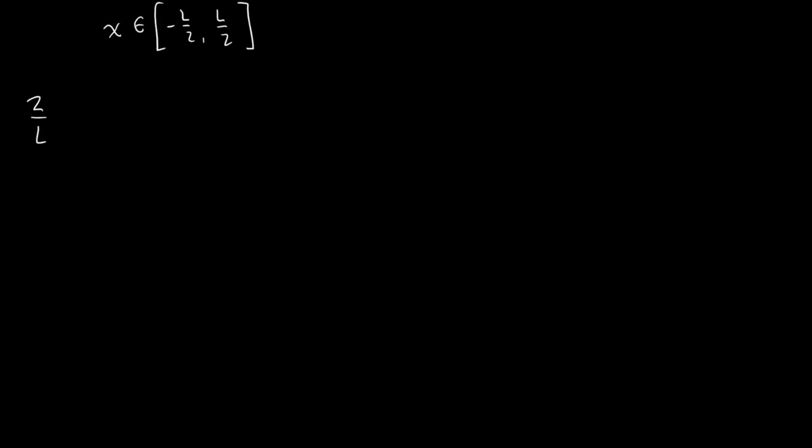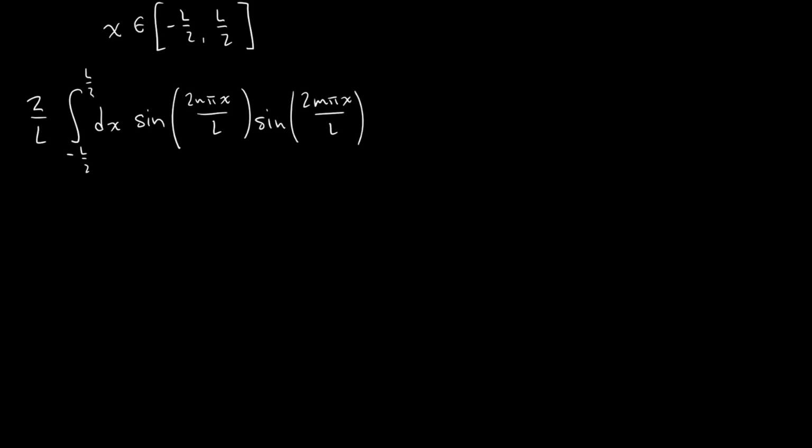So we can use a similar trick. I'm not going to go through this in super close detail because, like I said, we essentially did this already. N pi x over L, sine of 2m pi x over L. And when you go through the work of solving this integral, you get something like this.